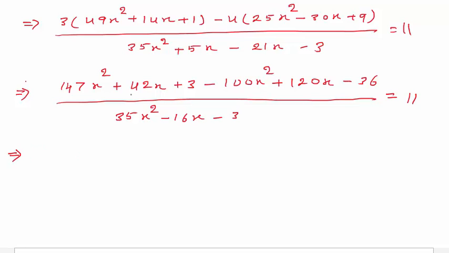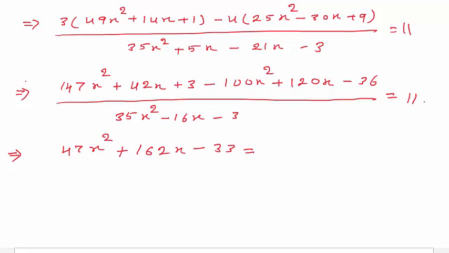So in this numerator, 147x square minus 100x square will give me 47 times x square. This 42x and this 120x, their addition will give me plus 162 times x, and this 3 minus 36 will give me minus 33.